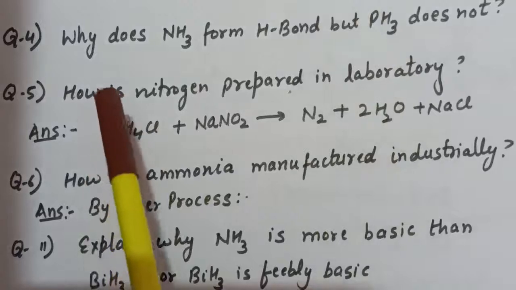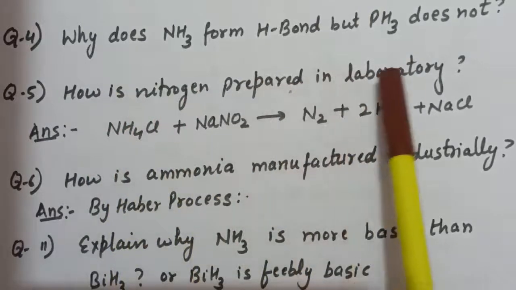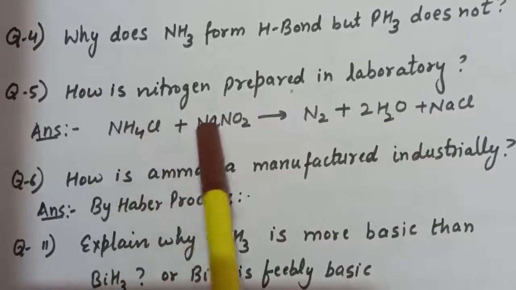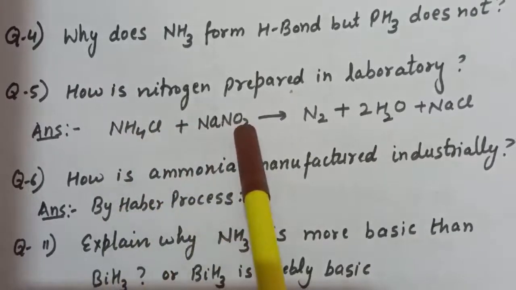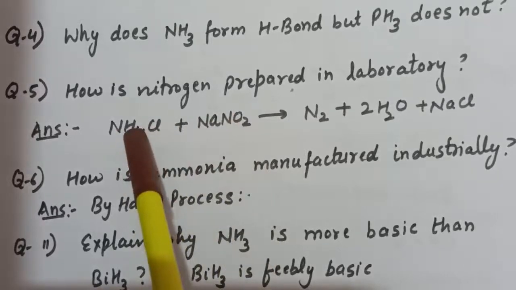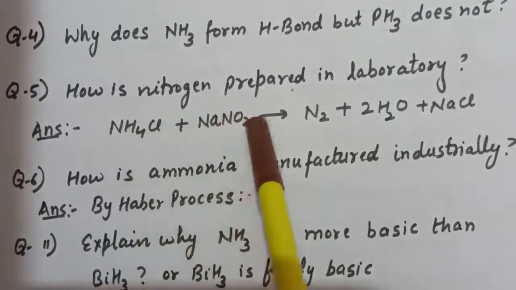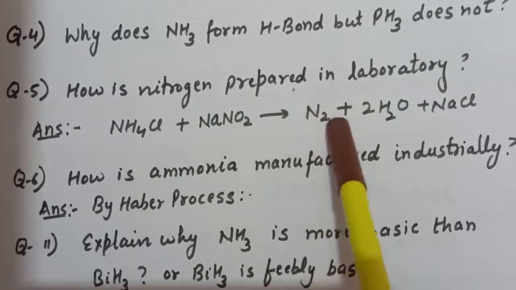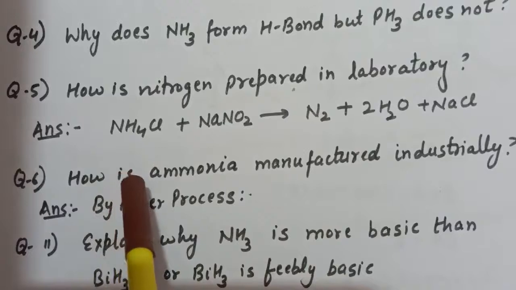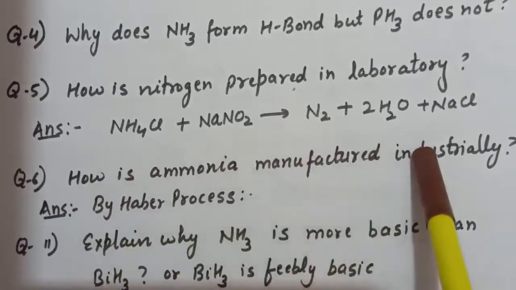The next question is, how is nitrogen prepared in the laboratory? The answer is by treating ammonium chloride with sodium nitrite. By the reaction of ammonium chloride with sodium nitrite, we get our N2 gas. The next question is, how is ammonia manufactured industrially?